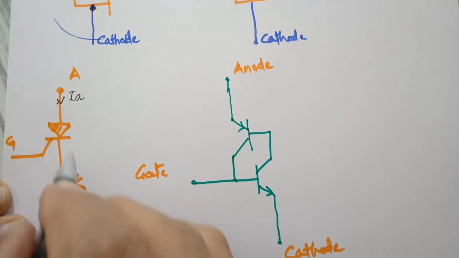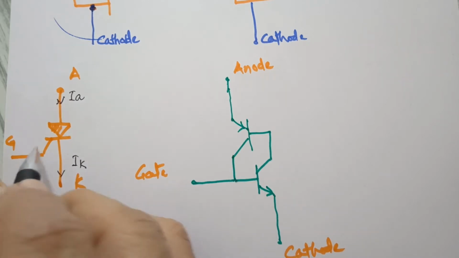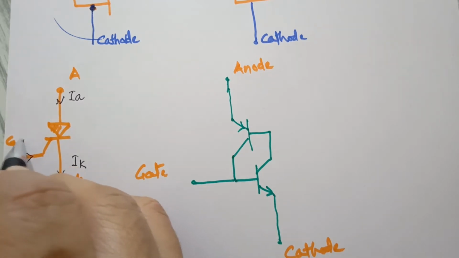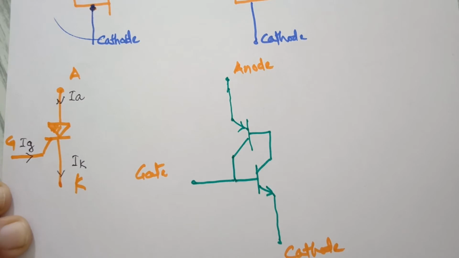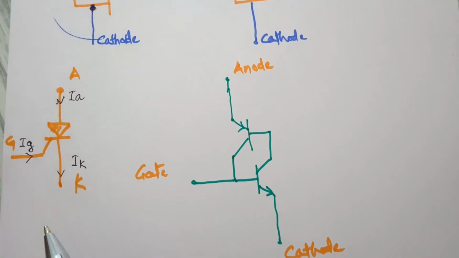Current leaving the cathode will be the cathode current, and a small gate current injected here will be Ig. So the current entering plus the small gate current injected makes IK, the cathode current.